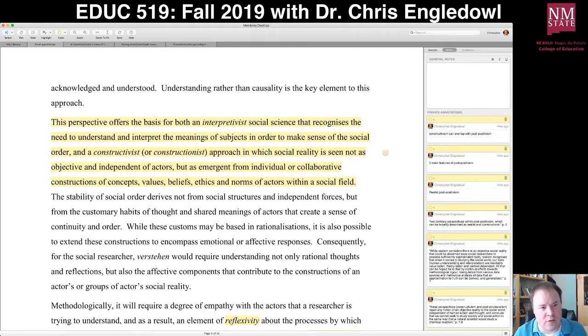But in general, this idea of postpositivism comes from a rejection of some of the ontologies that came from positivism, which were that there was a specific objective truth in the world, and that as researchers, or as humans even, our role is to try to discover it.